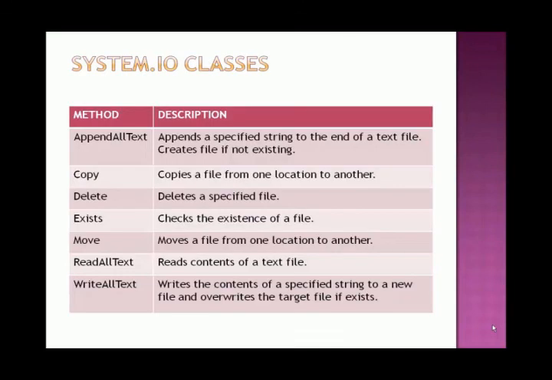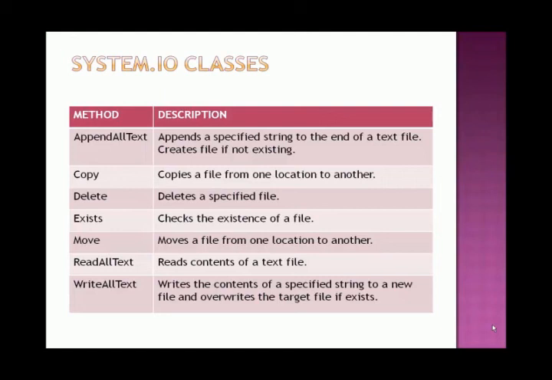So these are the classes and the methods that the file class has, and that enables you to work with files. The first method is append all text. That is, if a file does not exist, it creates the file. If it does exist, it adds the text of a specified string, it puts it at the end of that file.